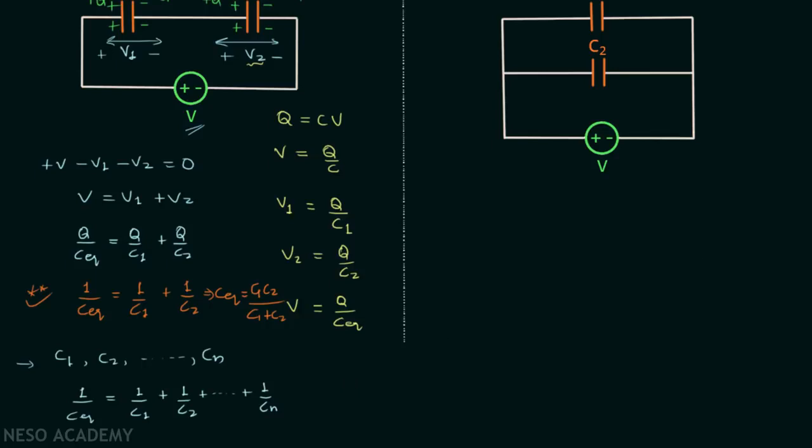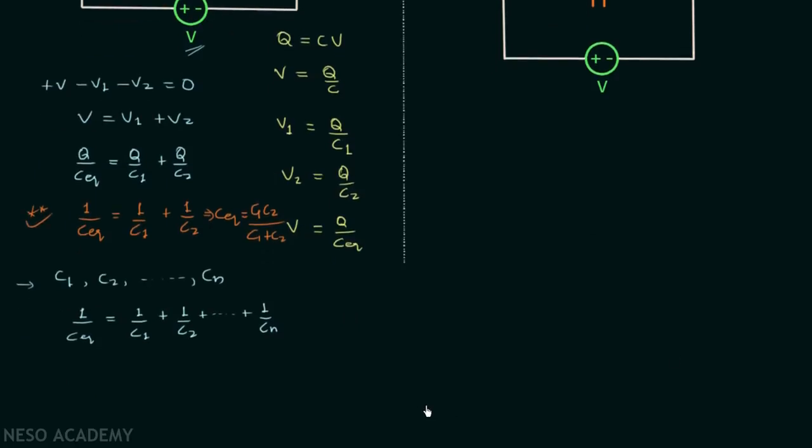Now when C1, C2, C3 up to Cn all are same and are equal to C, when all the n capacitors are having the same capacitance values and they are equal to C, then the equivalent capacitance can be calculated like this: 1 over C equivalent equal to 1 over C plus 1 over C all the way to 1 over C, which is our nth term.